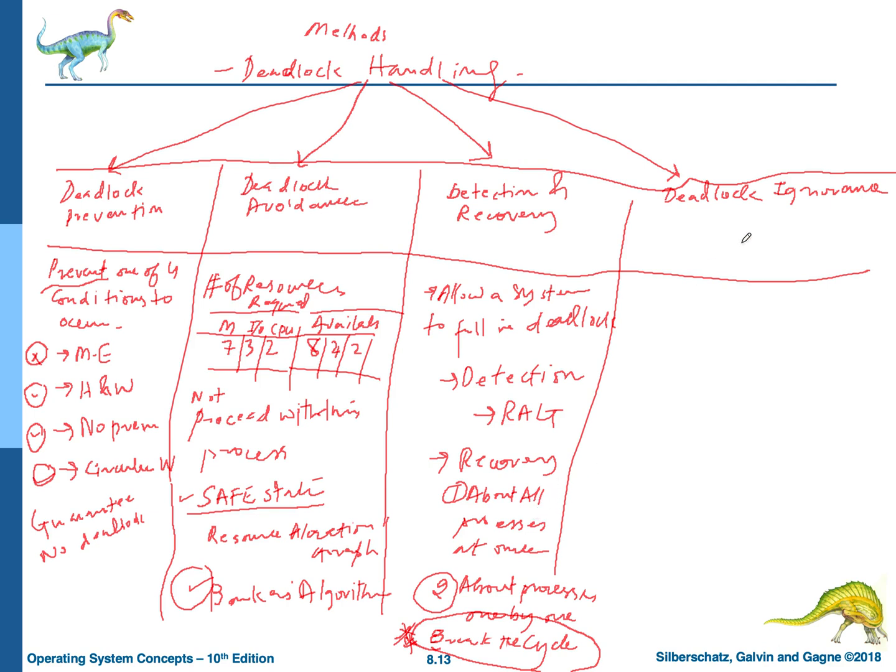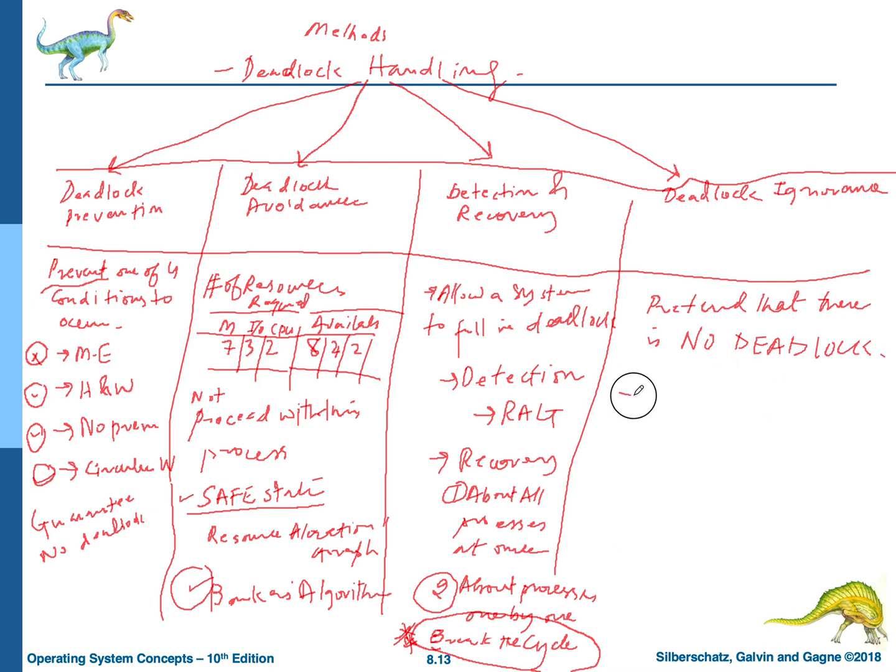Okay. Another method is deadlock ignorance. Pretend that there is no deadlock, right? Why?